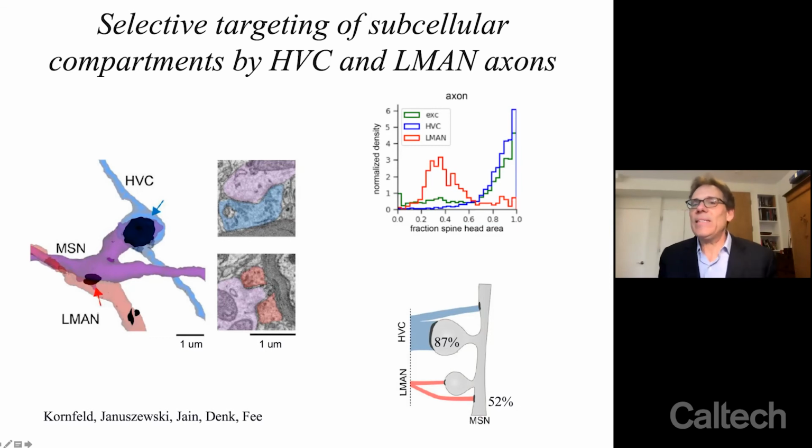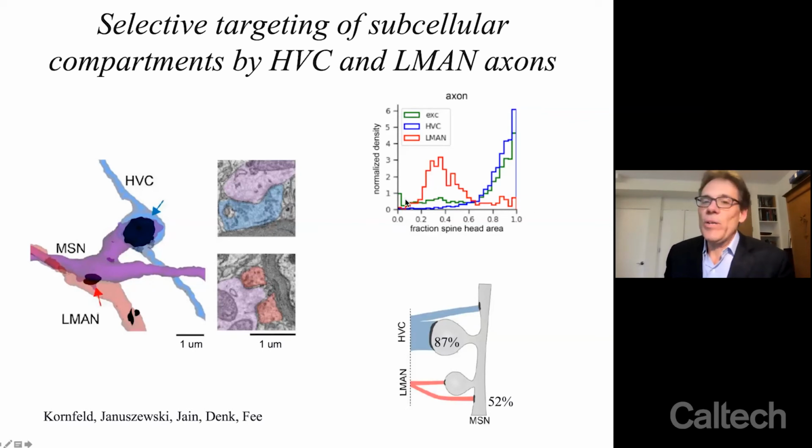We carried out a detailed quantification, for individual HVC and LMAN axons, of the fraction of the presynaptic contact area of that axon that forms synapses onto MSN spine heads.